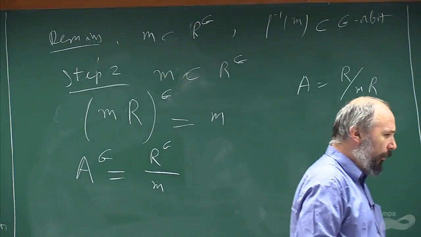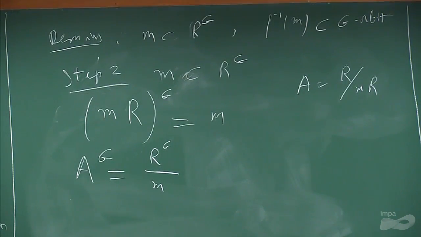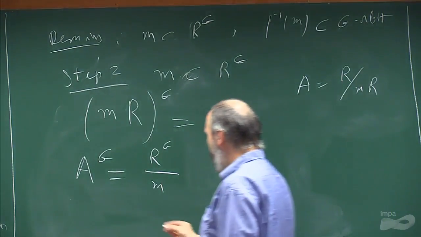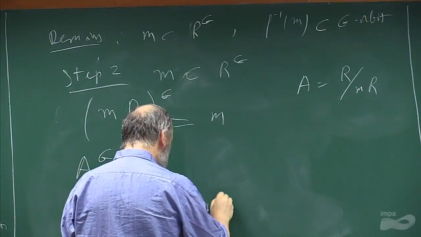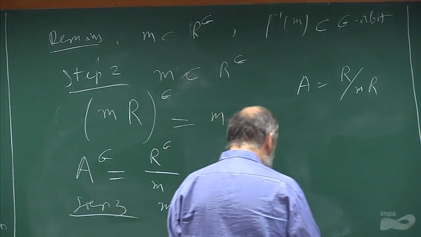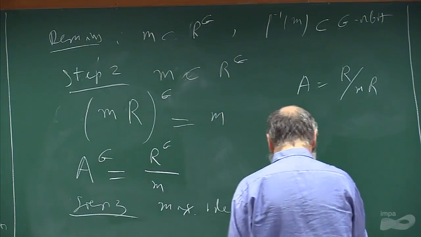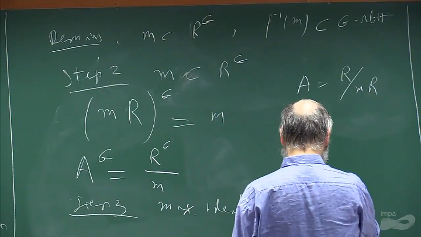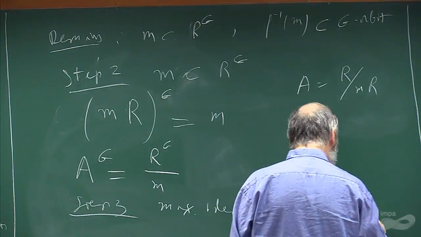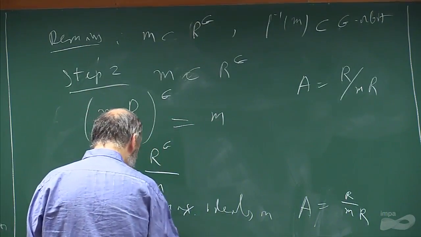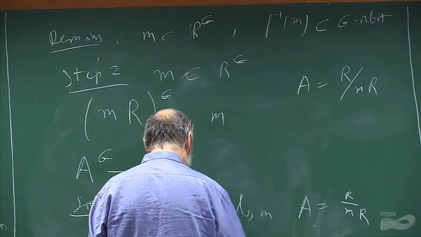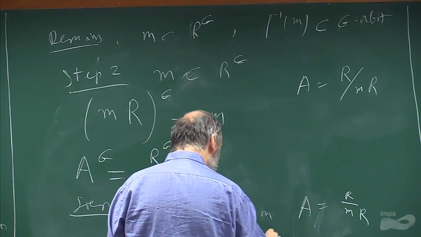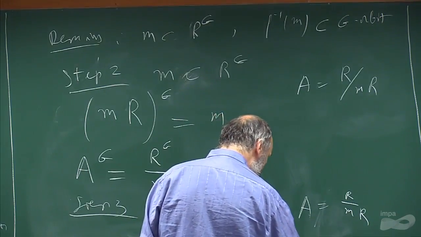Now let's go further. Step 3: maximal ideals in A, which is R quotient by MR, is the same as points in F minus 1 of the corresponding point.